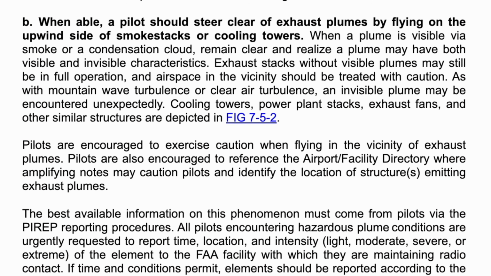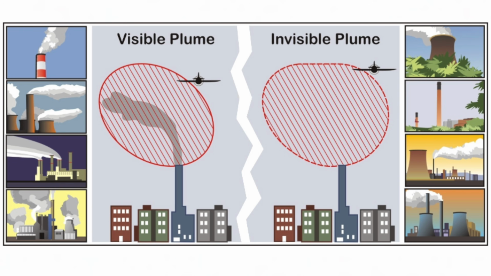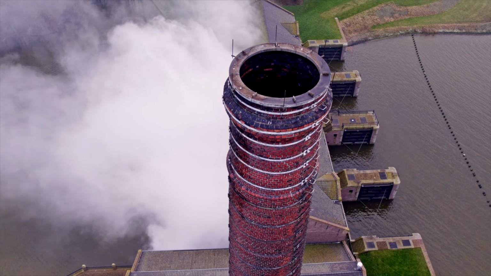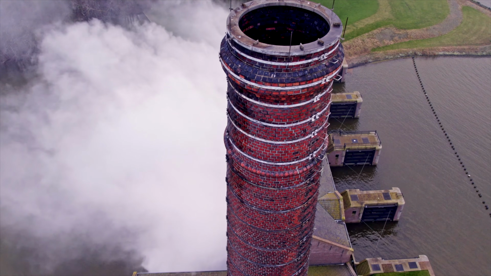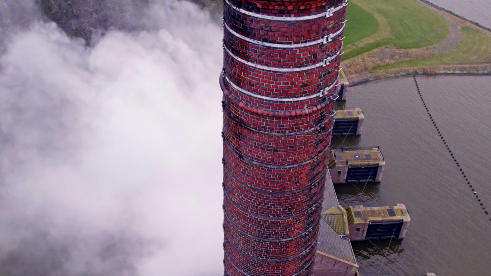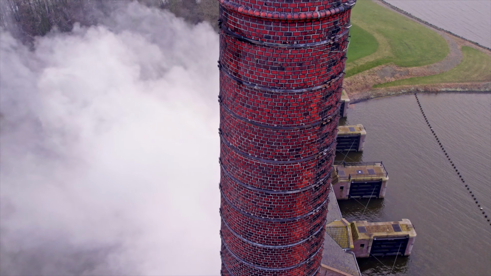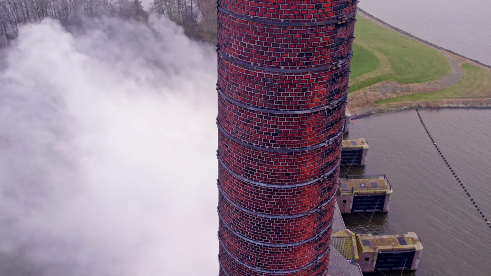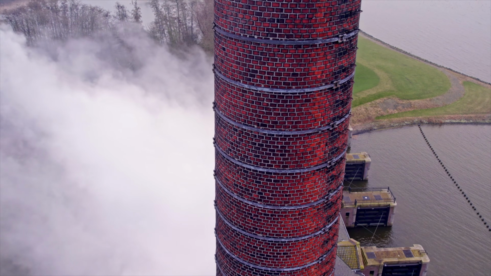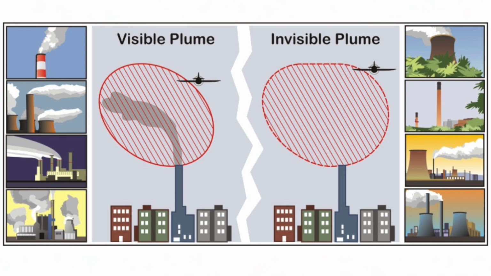Now, they also mention visible smoke plume and invisible smoke plume. So let's talk about this. A visible smoke plume is exactly what it sounds like. The smoke is something you can see from a source, such as a smokestack or an industrial plant. It's an indicator that allows you to determine the wind direction and whether or not the plume is blowing downwind. It also provides you with an approximation of the wind speed. Very important here, huh?